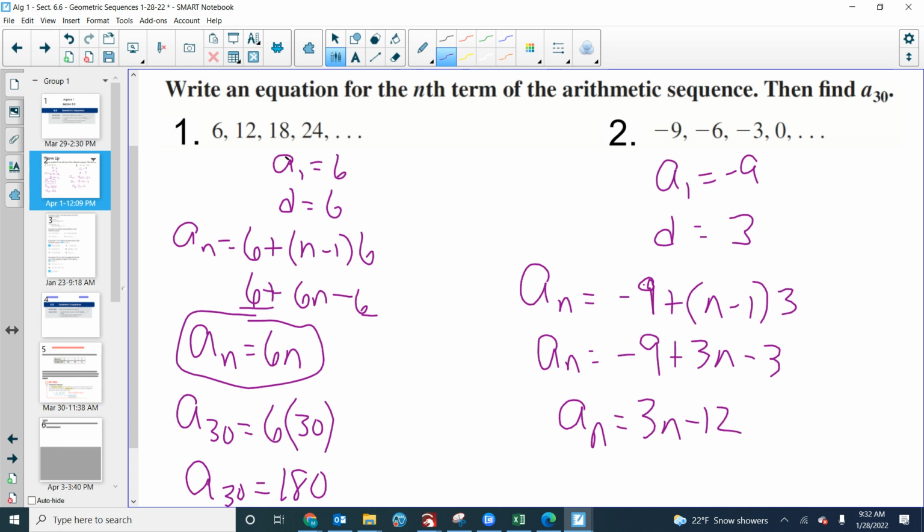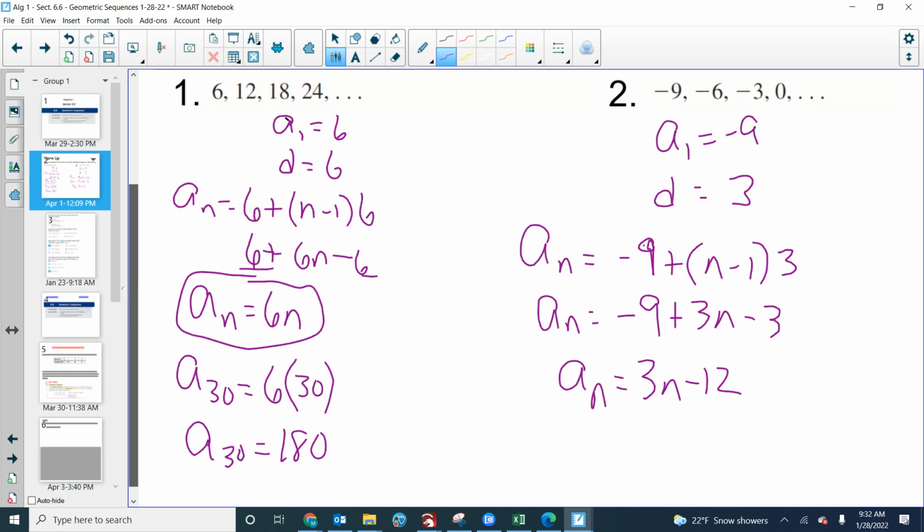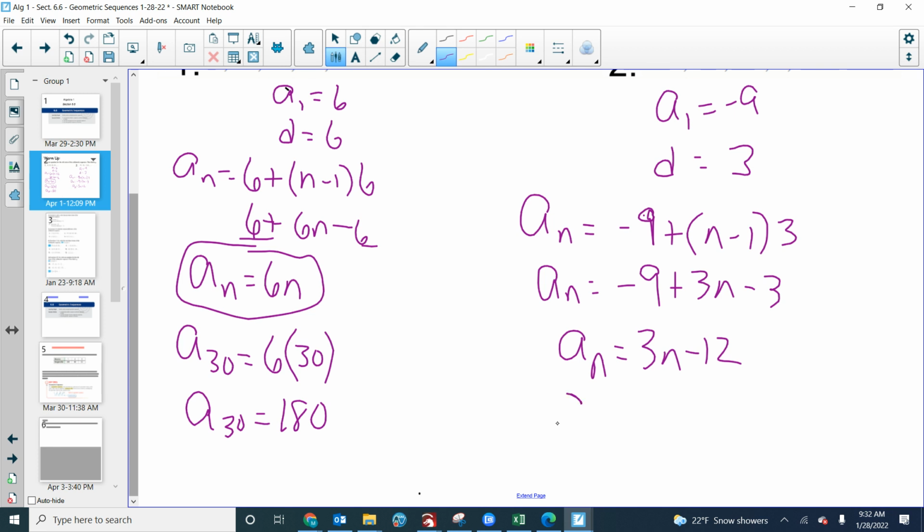What term we finding, Luca? 30th term, right? Let's plug in, guys. So you're going to go 30 times 3. I'd almost say that's a no calculator. You should go do that in your head. What's 3 times 3 then?